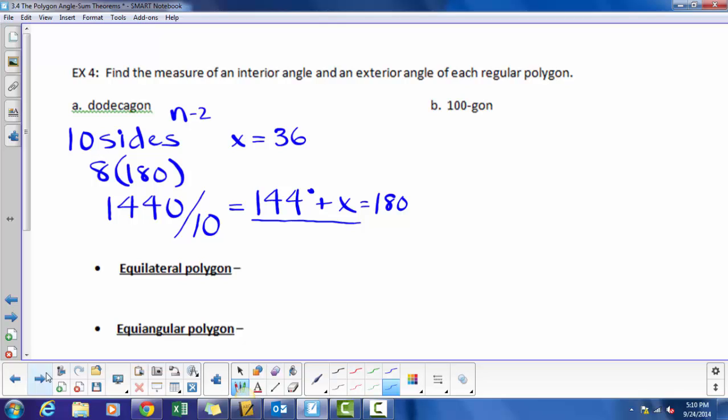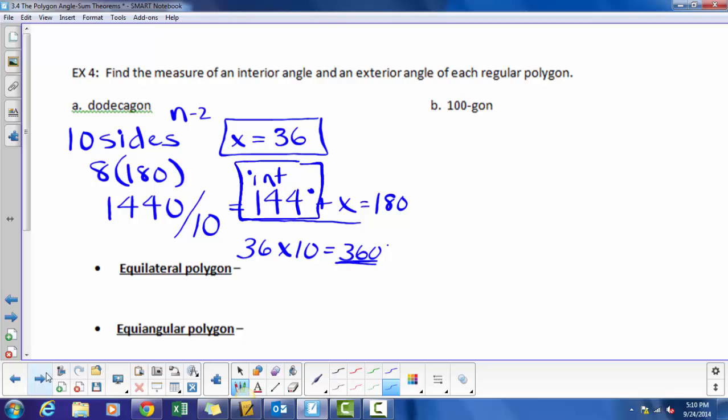Let's see, does that make sense? 36 times 10 outside angles equals 360, and the Polygon Exterior Angle Theorem said the exterior angles of a polygon have to sum up to 360. So that does make sense. So my exterior angle is 36, and my interior angle is 144.